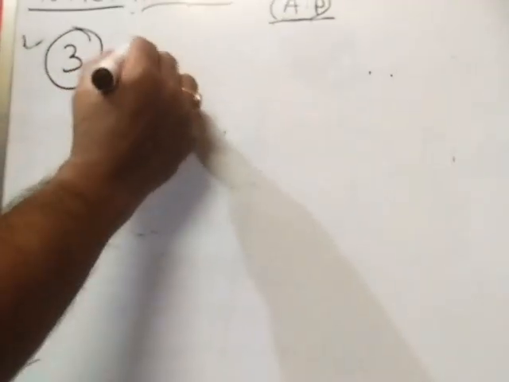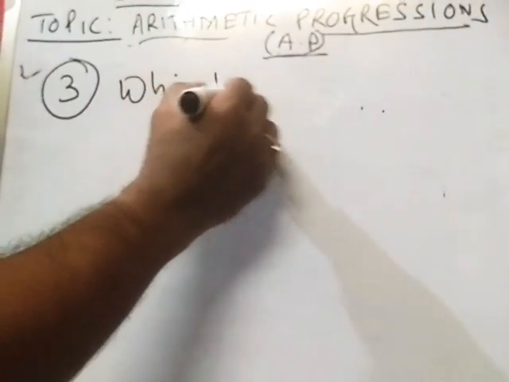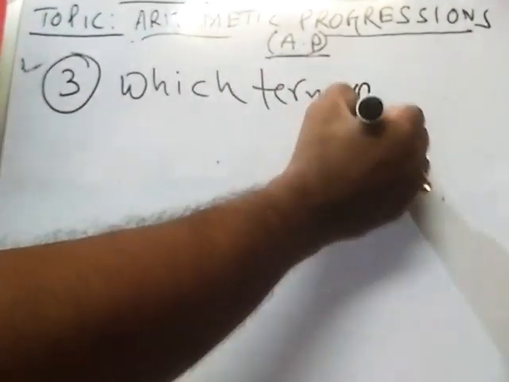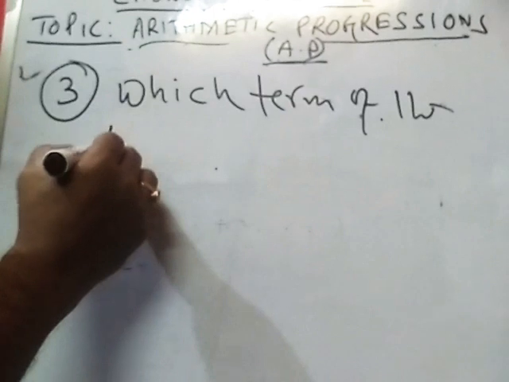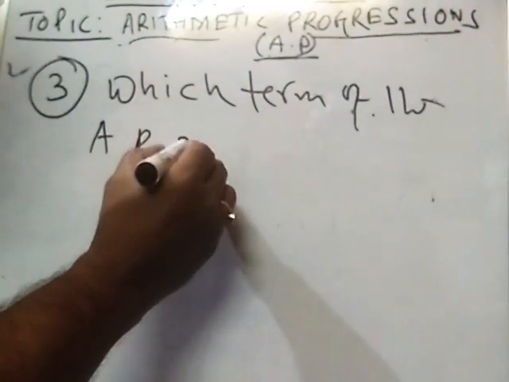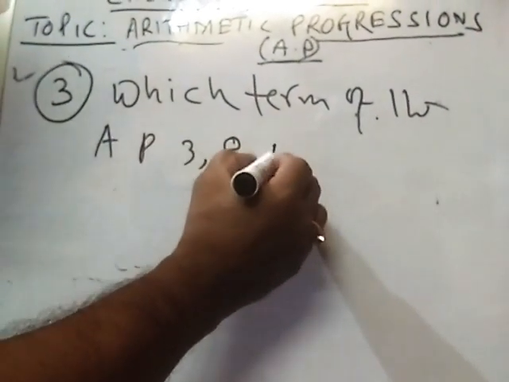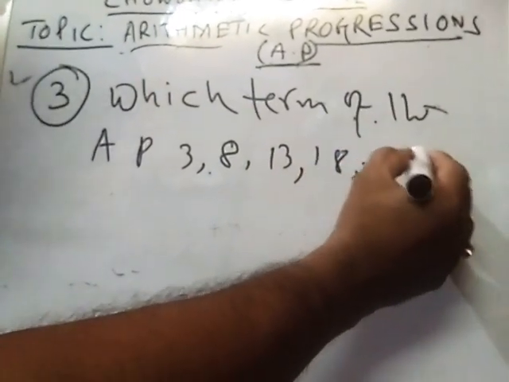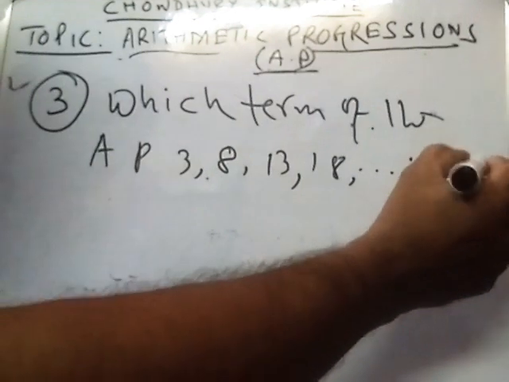Next, write down. Next question, number 3. Which term of the AP 3, 8, 13, 18, is 78?